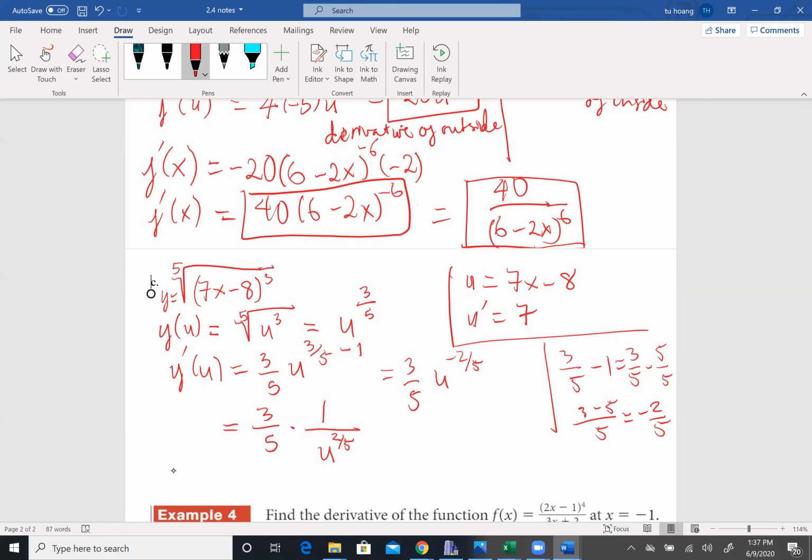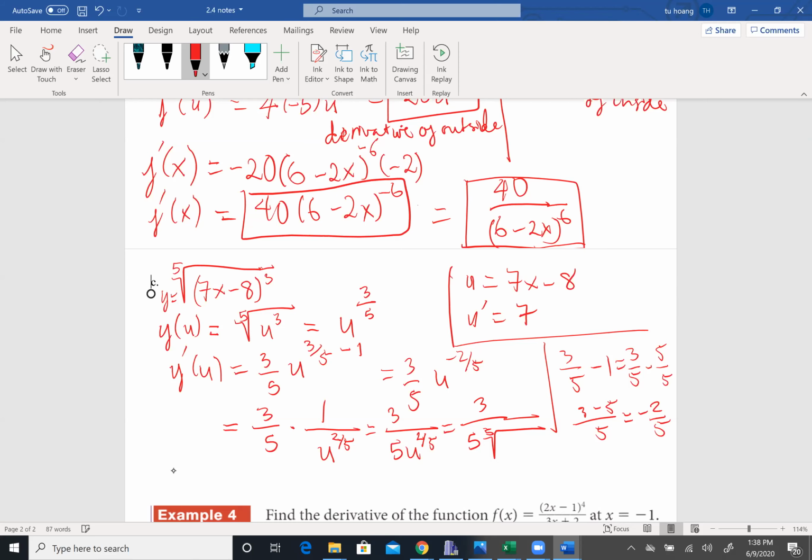And now you can combine it to be 3/5 times u to the power 2/5. And if you want to change the fractional power to a radical, you can write it as 3/5 times the fifth root.